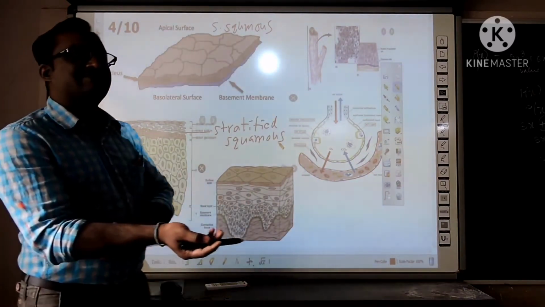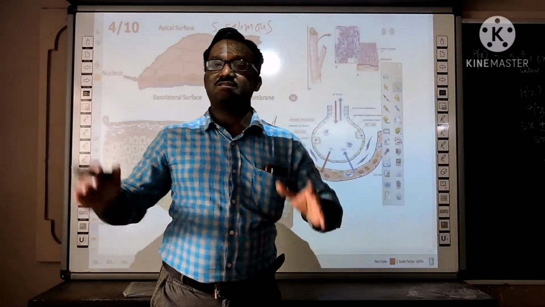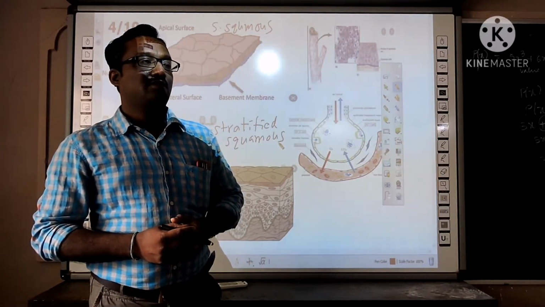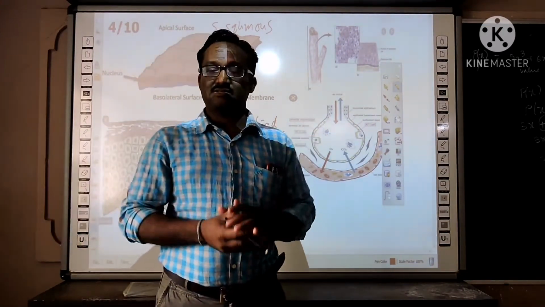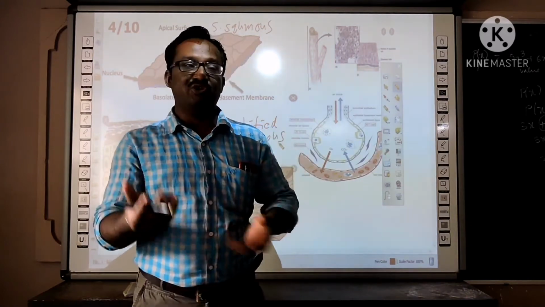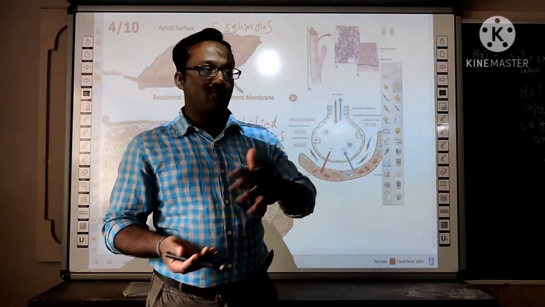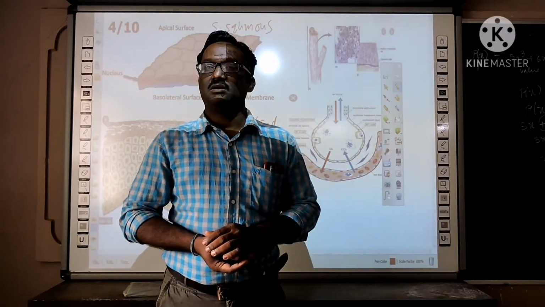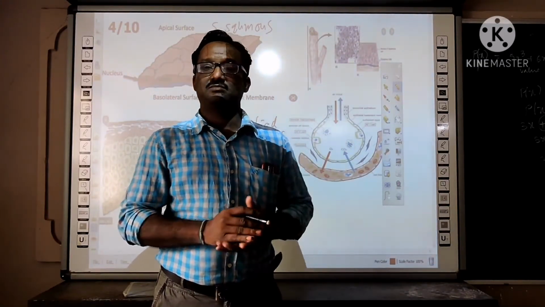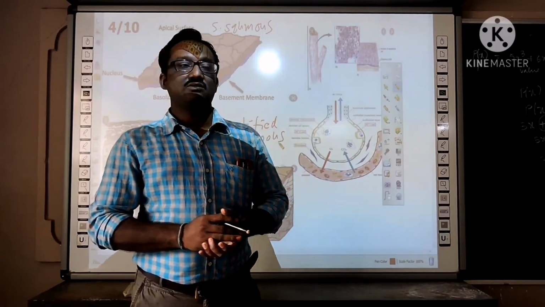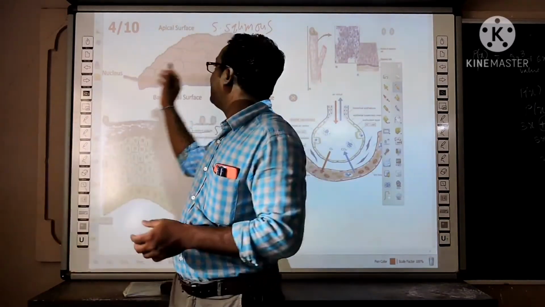You know, our skin is exposed to various mechanical and chemical factors. Sometimes we get injured. In winter season, outer layers wear out. Sometimes it may burn, right? So if the skin is made of simple epithelium, what will happen?